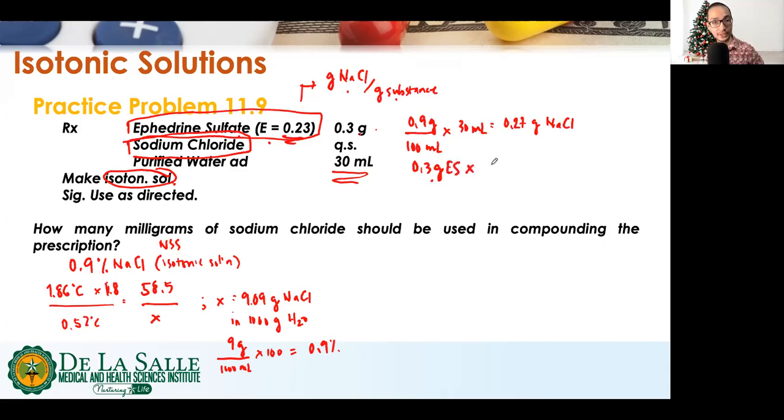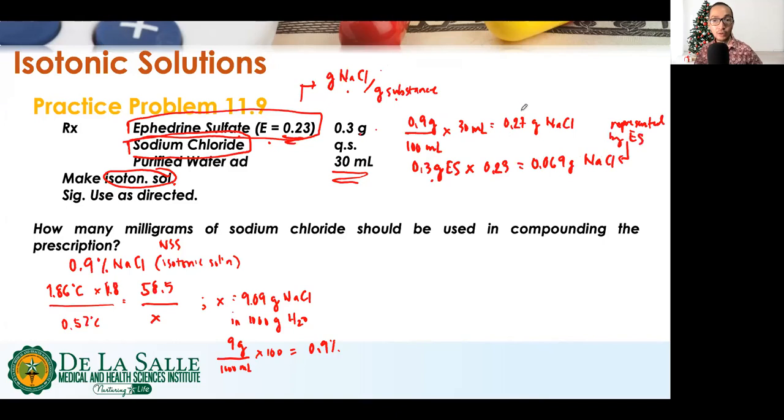We multiply to it 0.23, being grams of sodium chloride per gram of ephedrine sulfate. So 0.3 times 0.23 will be equal to 0.069 gram of sodium chloride. This is the amount of sodium chloride represented by the ephedrine sulfate.